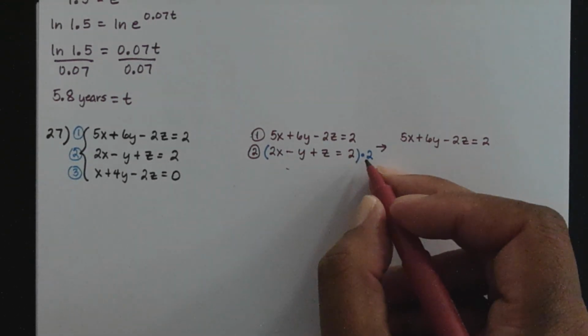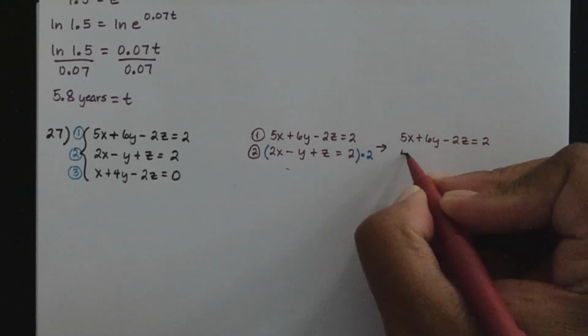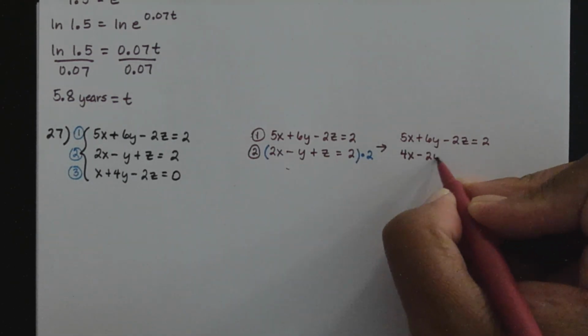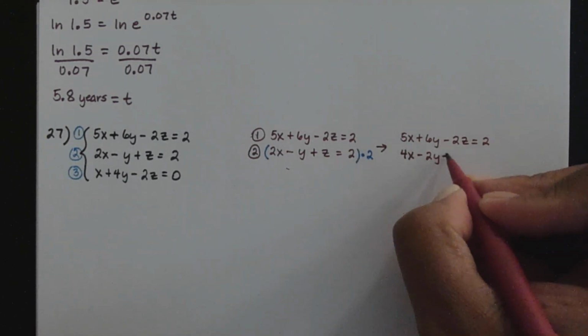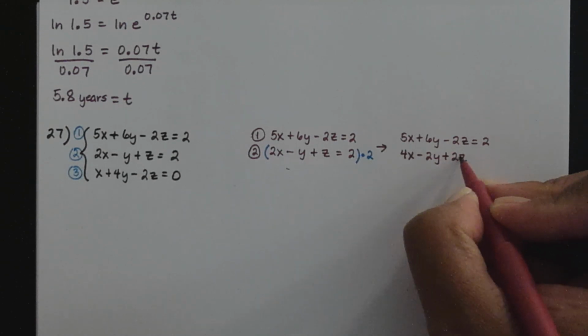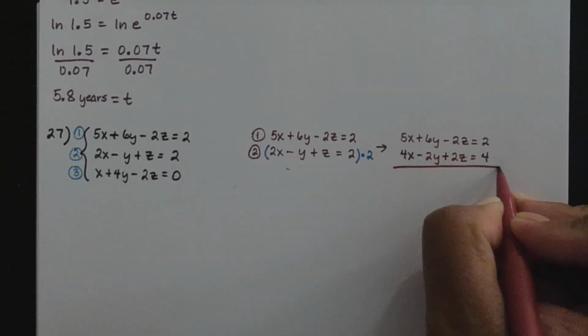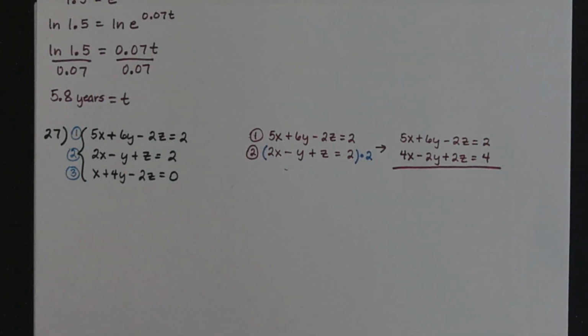The second equation, I'll do 2 times 2x, that's 4x. 2 times the minus y will be a minus 2y. And then plus 2 times z, that would be plus 2z, equals 2 times 2, which is 4. And then add the 2 equations together.